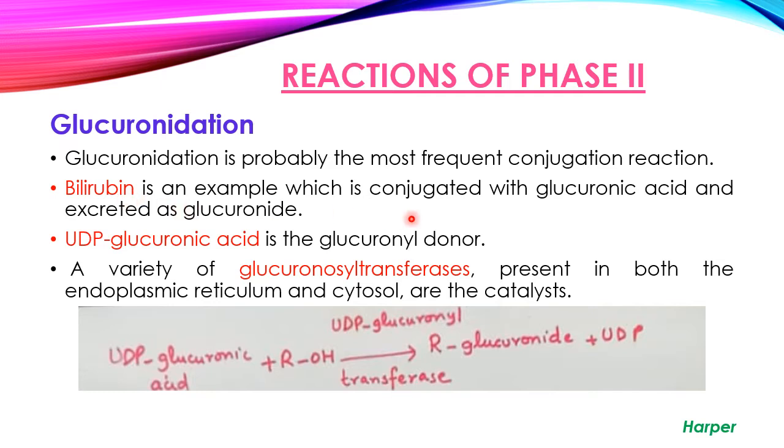When bilirubin gets conjugated with glucuronic acid, it leaves the body in the form of glucuronide, which is the water-soluble product. In this reaction, UDP glucuronic acid, which is an acidic form of glucose, is used to donate its glucuronyl group. The enzyme that catalyzes glucuronidation is called glucuronyl transferase, and this enzyme is found in both endoplasmic reticulum and cytosol.